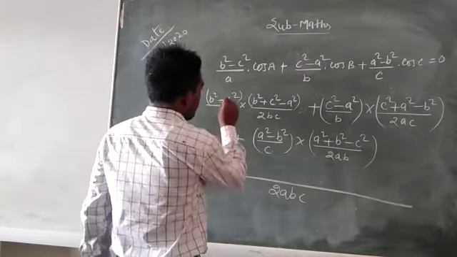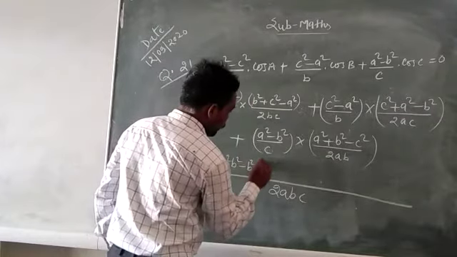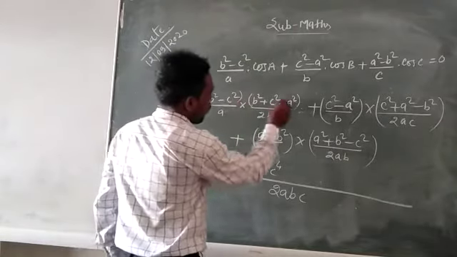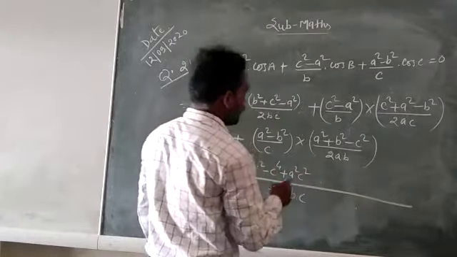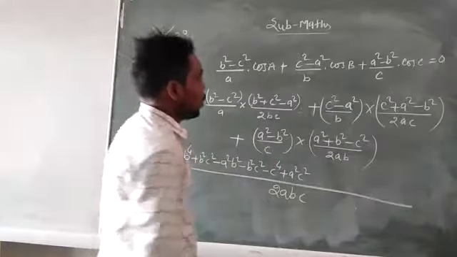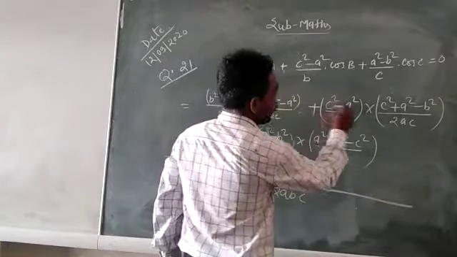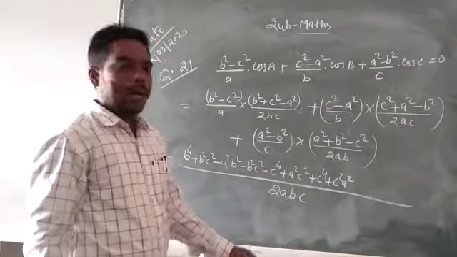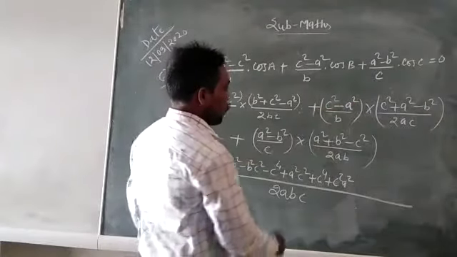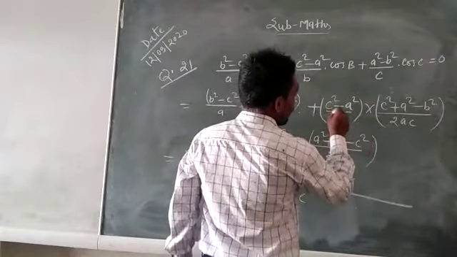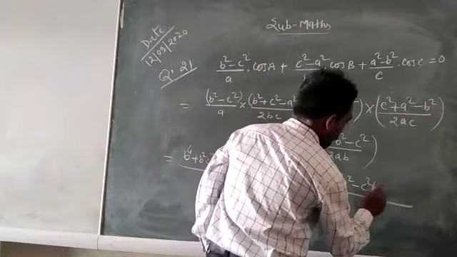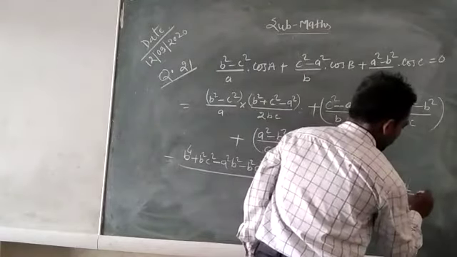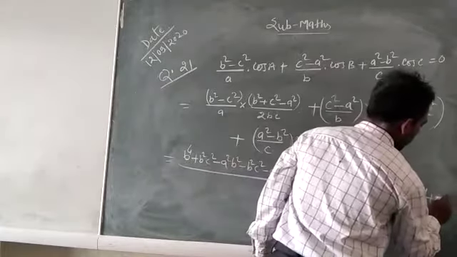Similarly for the other terms we multiply all the factors with all the values: c power 4, minus c square b square, minus a square c square, then minus a power 4.